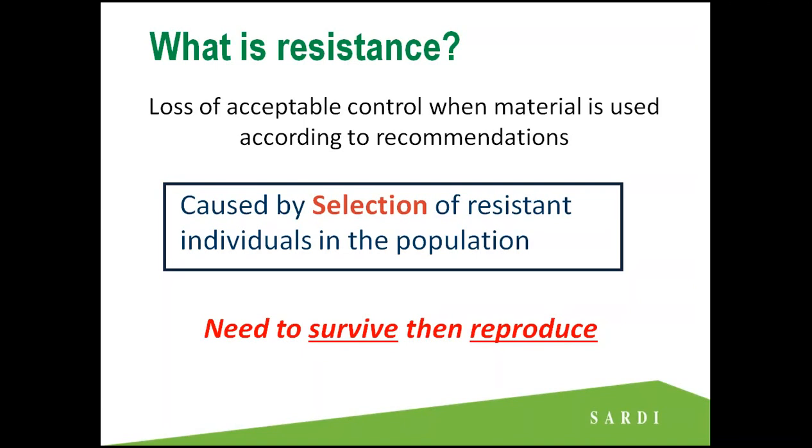We'll talk about fungus today, if that's okay, because this project is only about fungal diseases. So the fungicide causes selection of these resistant individuals that already exist at low levels in the population. Now, these resistant individuals need to survive, and then they need to reproduce.